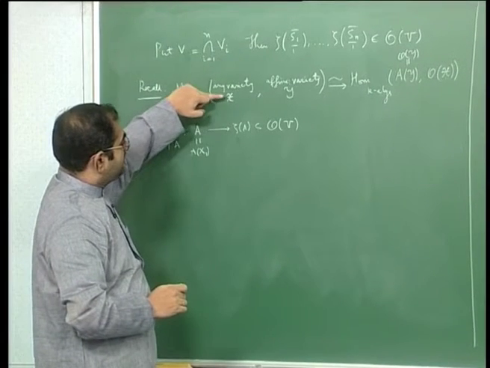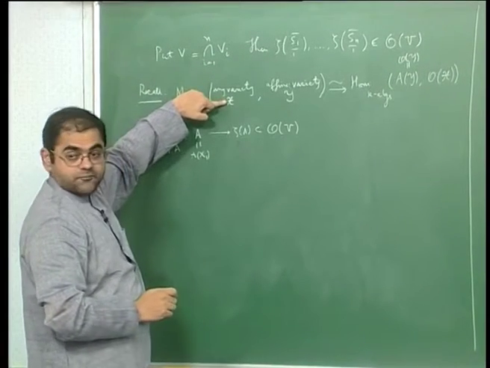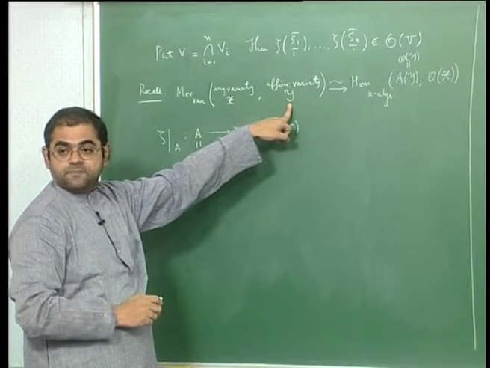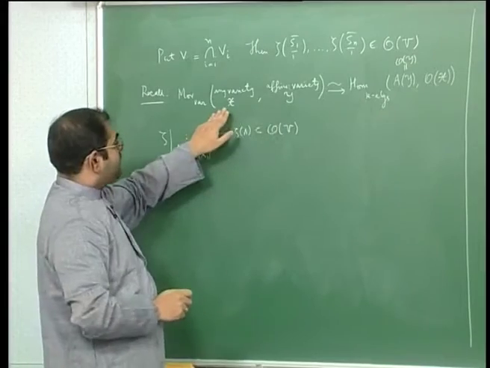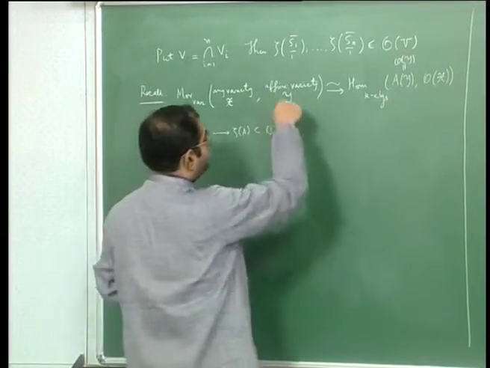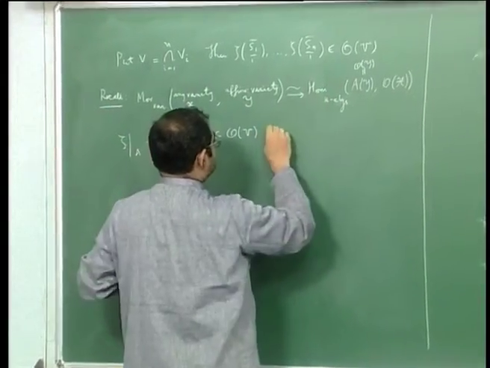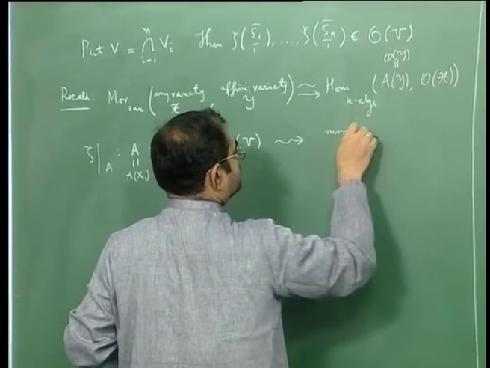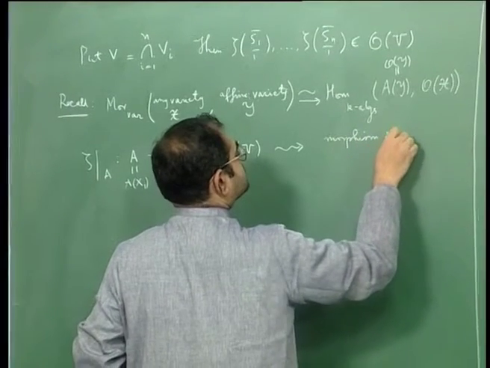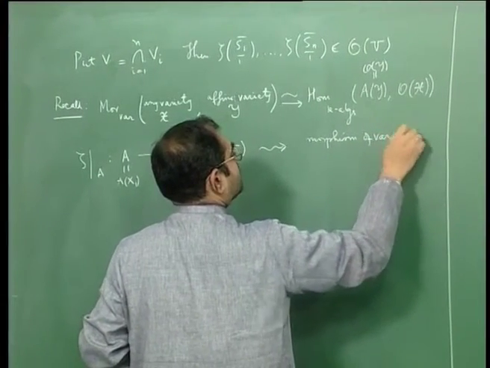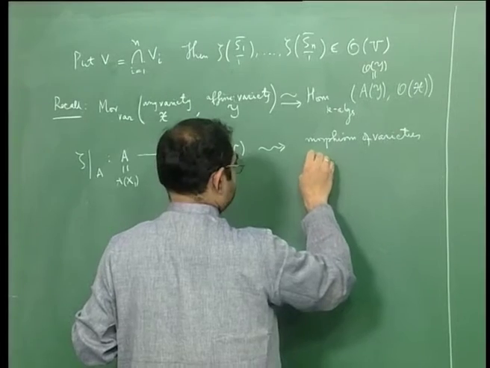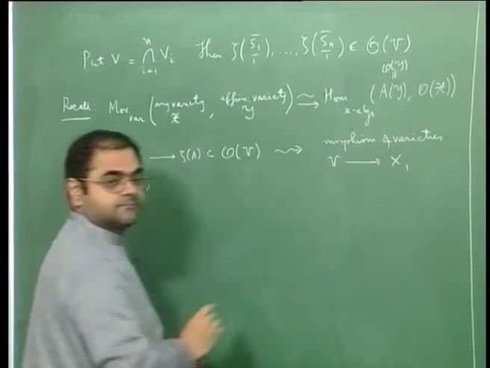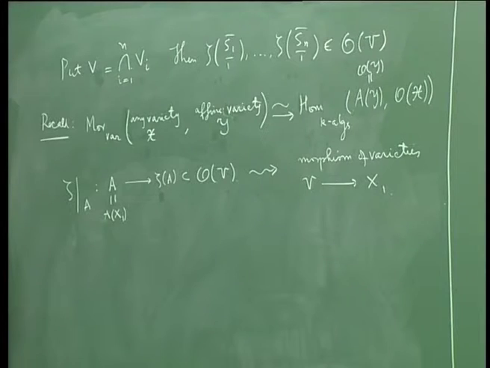You apply it with script X equal to V and script Y equal to x1, and you will get a morphism from V to x1. So by this result, this gives rise to a morphism of varieties from V to x1.